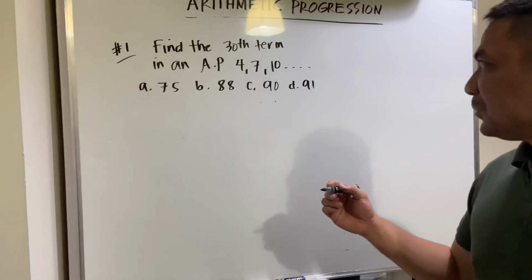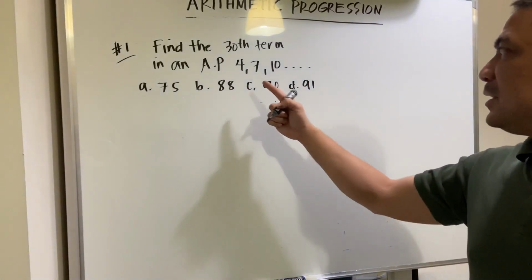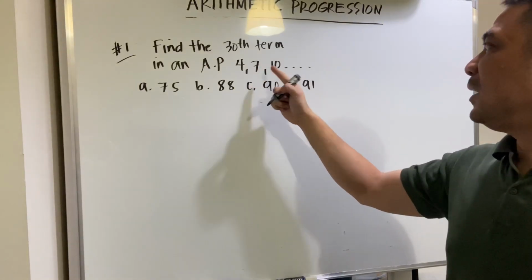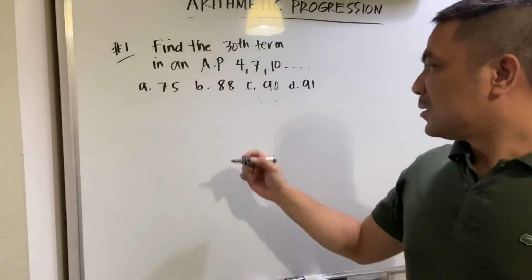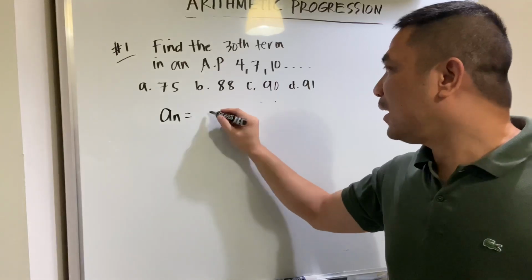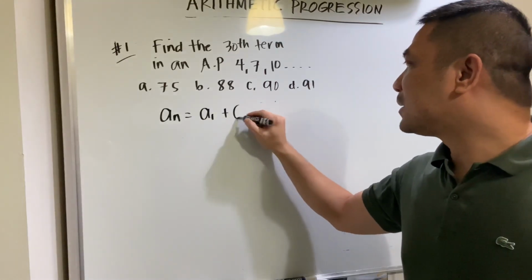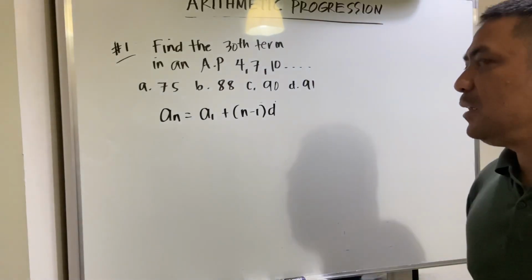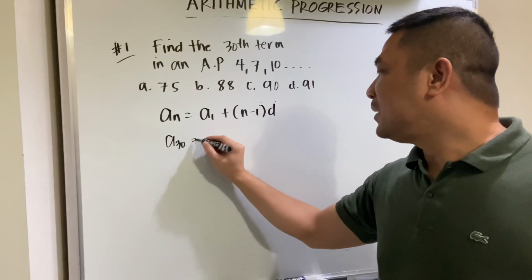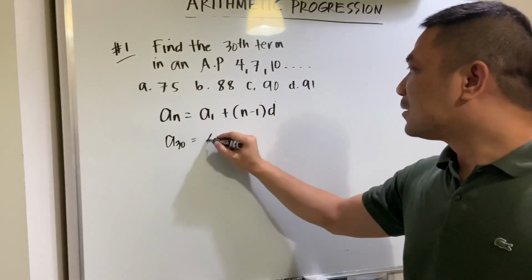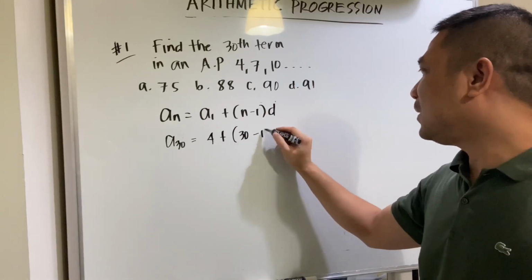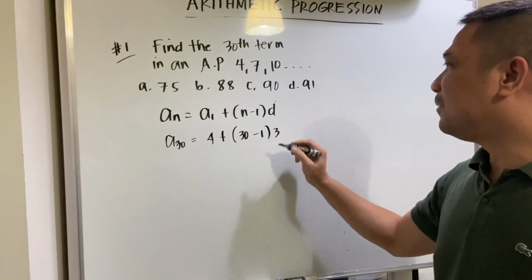So in this case, obviously the common difference is 3. 7 minus 4, 10 minus 7 is equal to 3. So our general formula for finding the nth term in an arithmetic progression is A1 plus (n minus 1) times d. We are asked to find the 30th term, so that means A30 is equal to the first term, which is 4, plus the number of terms, 30 minus 1, times the common difference of 3.